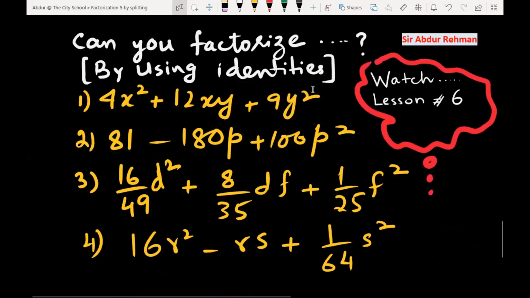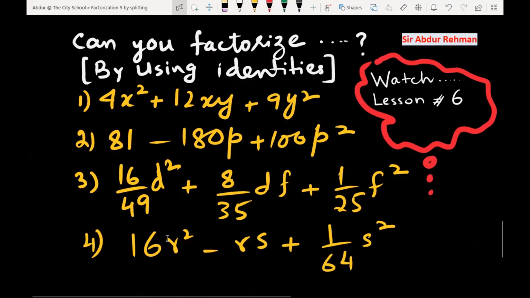Now, can you factorize by using identities? There are different types of quadratic expressions or polynomials here, with a single variable, with two different variables x and y, and also with rational coefficients: 16 over 49, 8 over 35, minus 1 over 25, 1 over 64.